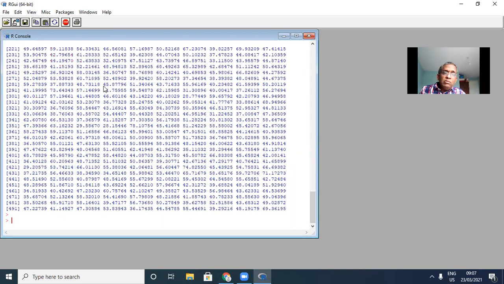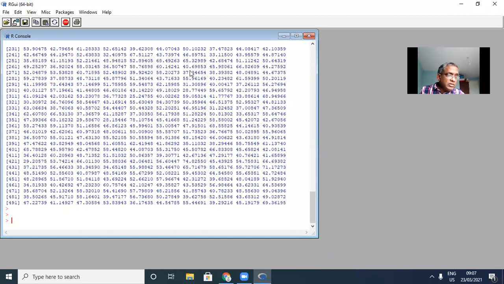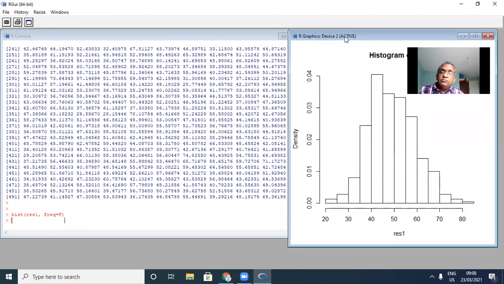Now, what I want to show you is that this simulated data follows the chi-square distribution with n-1 degrees of freedom. To show that, I'm going to draw a histogram of the simulated data with frequency equal to false. And this is what you will see.